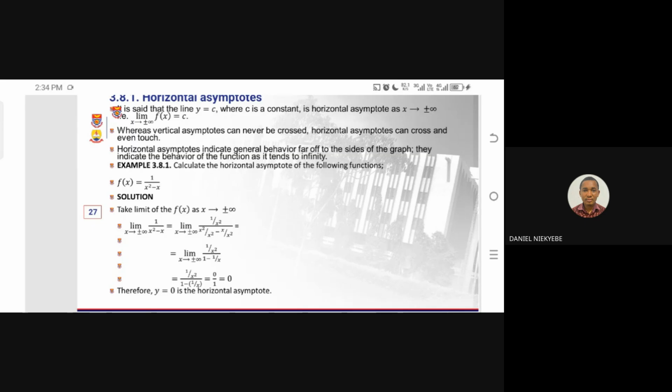The highest degree power is 2, so you divide each term by x squared. You are going to get the limit as x approaches plus or minus infinity of 1 over x squared, all over 1 minus 1 over x.